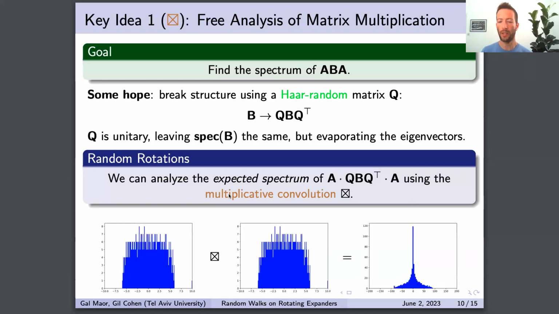So now I need to think of the spectrum of the matrix as a distribution. The distribution is of a random variable, which is just picking a uniformly random eigenvalue of the matrix A. And after I convolve these two distributions, I get a third distribution, which will represent the eigenvalues of the product of matrices.